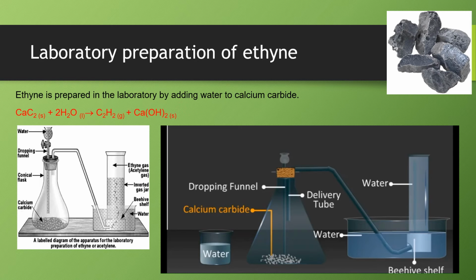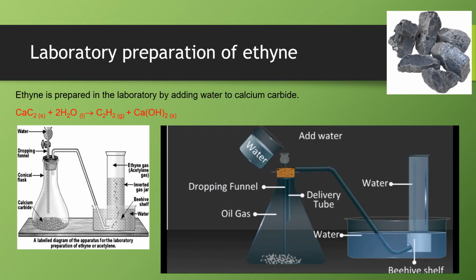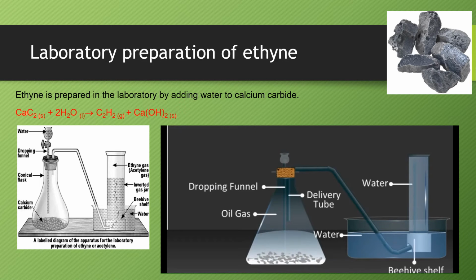The air present in the flask is replaced by oil gas as shown in the animation because acetylene forms an explosive mixture with air. Water is taken in the dropping funnel and allowed to fall into the flask clockwise. The reaction takes place vigorously and ethine gas is produced. Ethine gas so produced is collected over water by downward displacement of water.